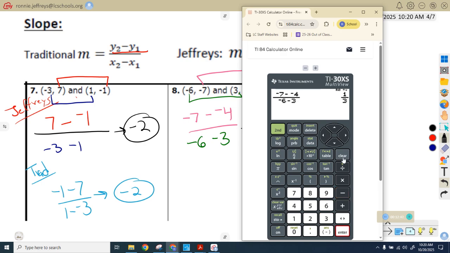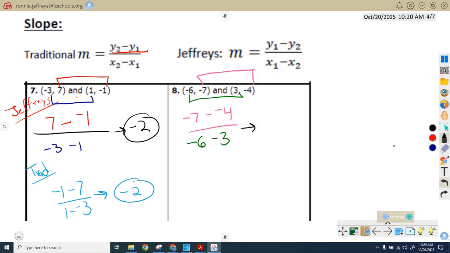All right, we get 1/3. Yeah, 1/3. And I think that 1/3 was just vocalized. Now, again, it doesn't matter which way that you do it. Pick the one that works for you.